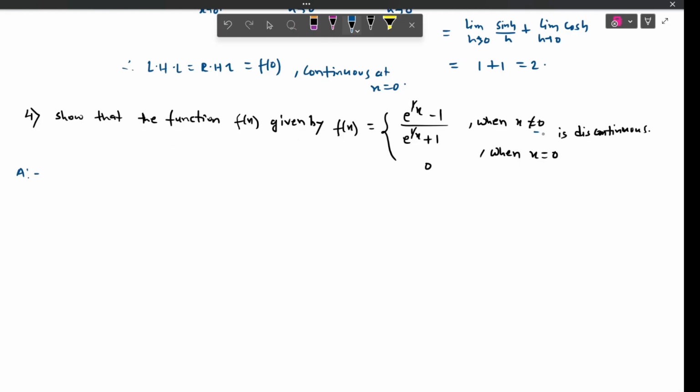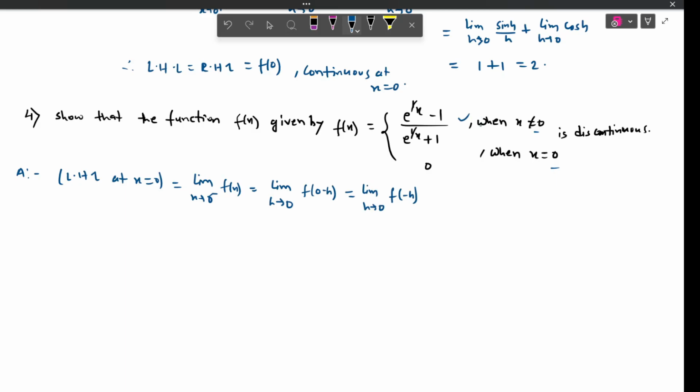So here we have to check the continuity at x equals to 0, right? So left hand limit at x equals to 0 is limit x tends to 0 minus f of x, that is limit h tends to 0 f of 0 minus h, that is limit h tends to 0 f of minus h.